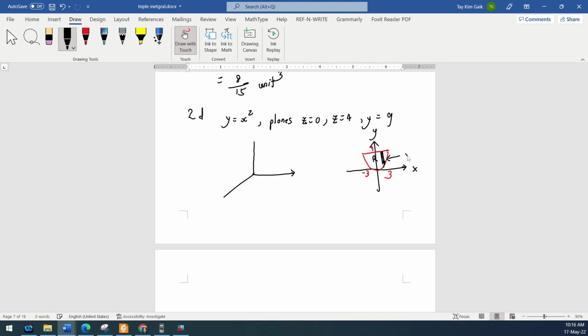Then the lower curve is y equals x squared until y equals 9. So x from -3 to +3. z is 0 until z equals 4.